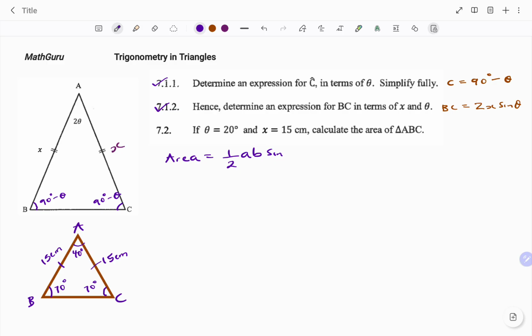So that's going to be sine C. But in this case, I'm going to change the variables I'm using because I want to use the side x and x, that's AB and AC. So I'll change that to half of AB times the side AC, the sine of the angle subtended, that's 40 degrees.